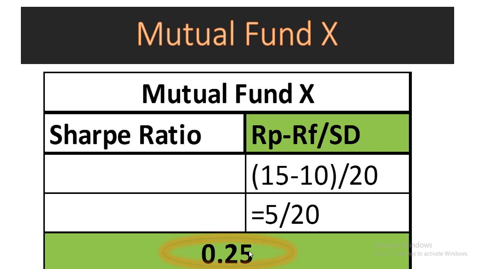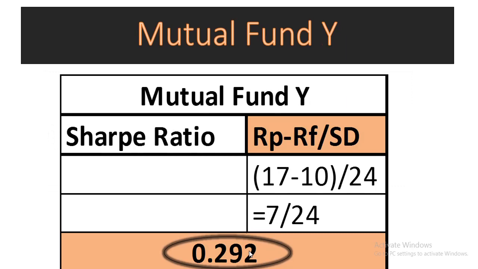Now similarly we calculate for mutual fund Y, extra return, which is called risk premium, 7%, and the standard deviation of mutual fund Y is 24. So the Sharpe ratio of mutual fund Y is 0.292.